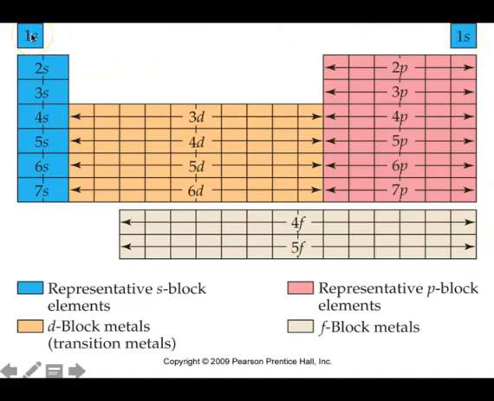And so this tells us pretty much, let's imagine that we want to go to, let's say, neon. This is neon right here. Well, what we do is we always start at the very, very top, and we just count boxes and keep track of what the sublevel is called. This very first part of the periodic table is called the s block.